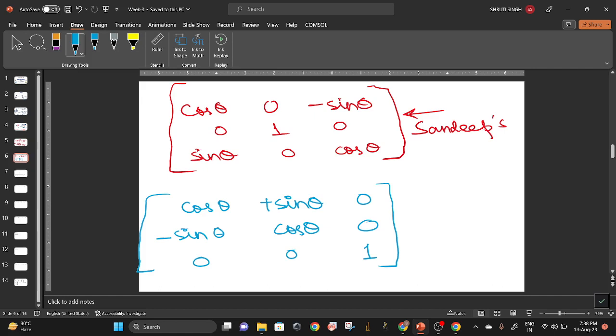Similar thing will happen when we are rotating about y axis, x1 cos theta plus sin theta. So now when we are rotating about y axis, they have written minus, plus.